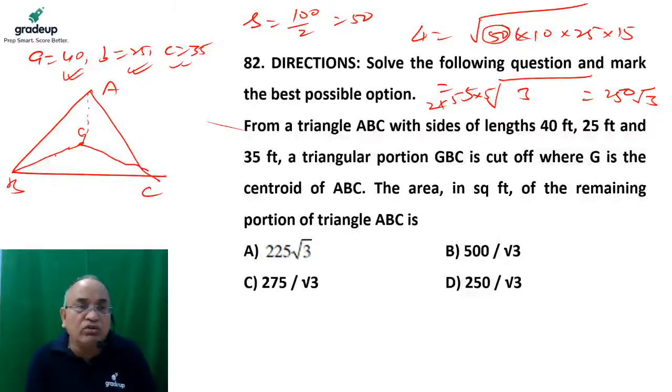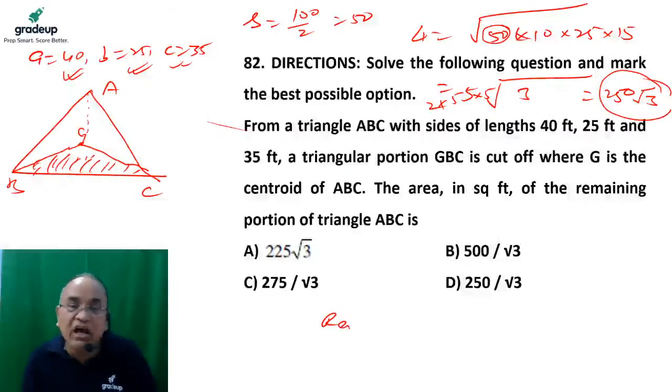If I take out this triangle from the entire triangle, so 1/3 area will be taken out. So 2/3 area remains there, yes or no? So the area of the remaining portion would be 2/3 of the area of the triangle.